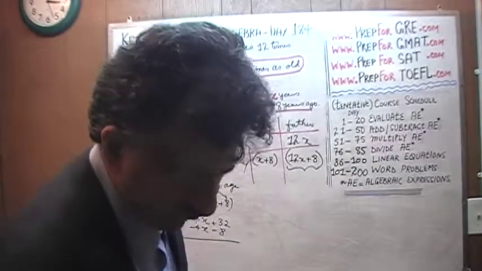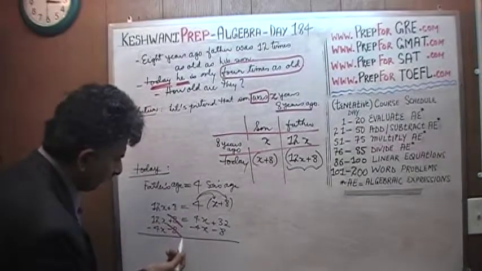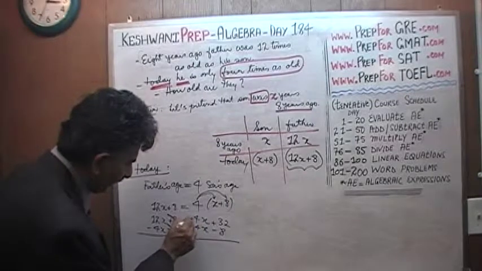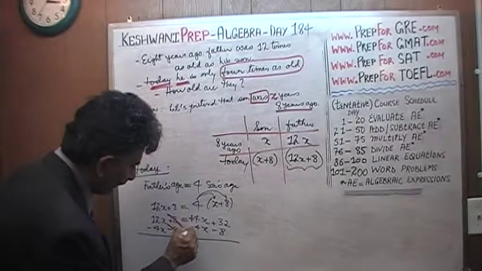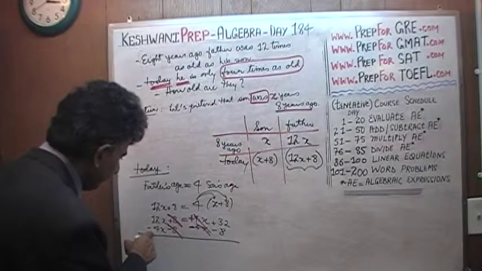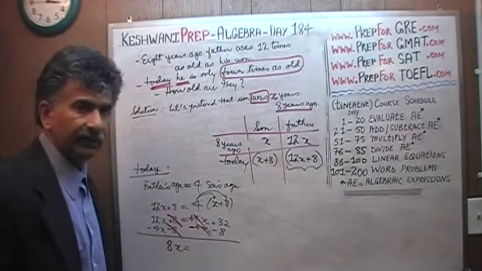By subtracting 8 from both sides, we get rid of this 8, this is positive 8, and the negative 8 goes out, and by subtracting 4x from both sides, we get rid of this 4x. This is the positive 4x, this is the negative 4x, so we get rid of this thing. So we are left with 12x minus 4x, which is 8x, equals 32 minus 8.